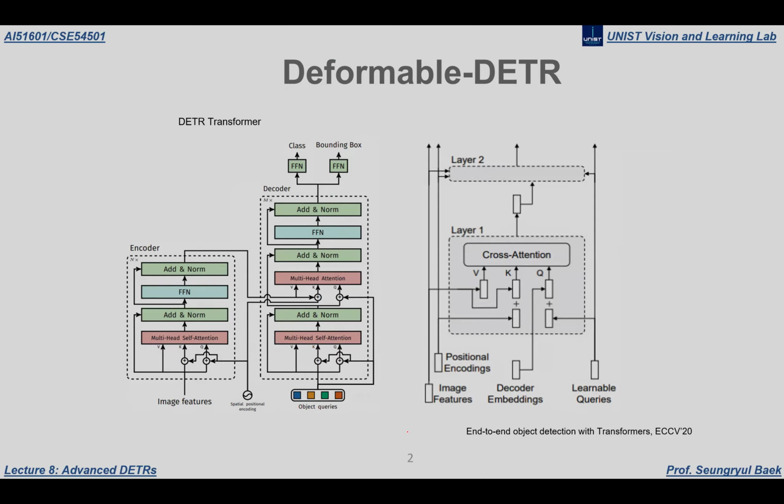Different from the original transformer, our input to the transformer, their encoder and decoder, is the image feature extracted from ResNet. And this is the encoder and this is the decoder. And here, the core operation in the transformer is the attention mechanism.